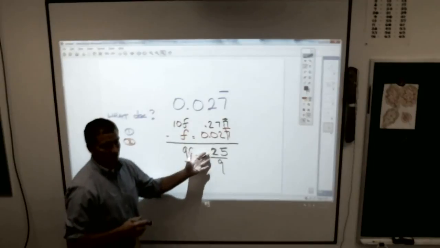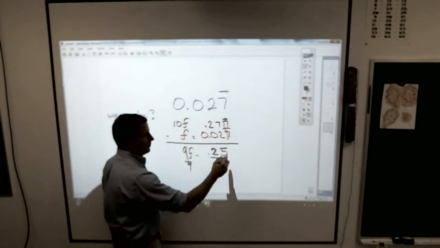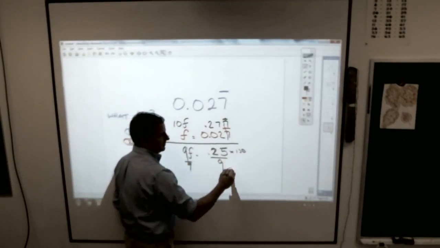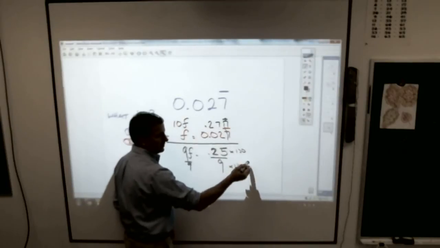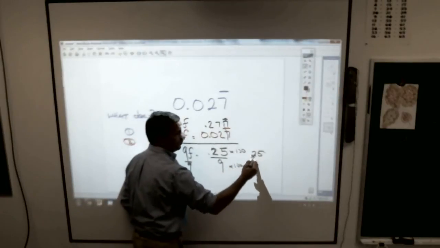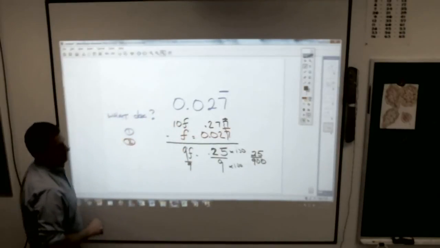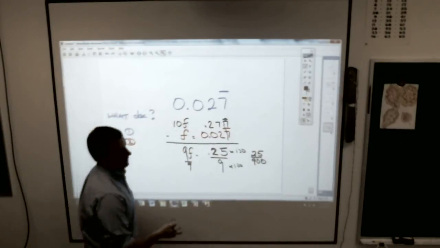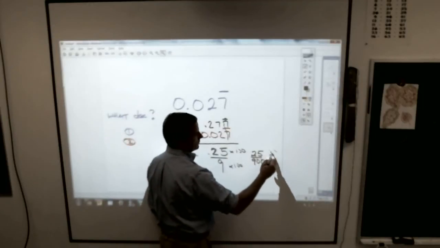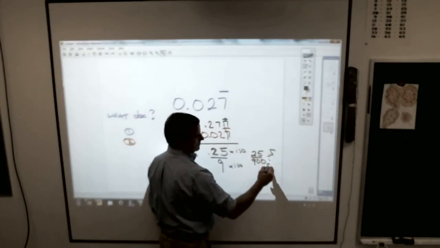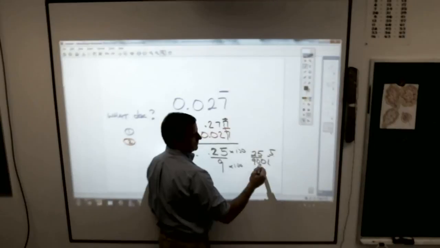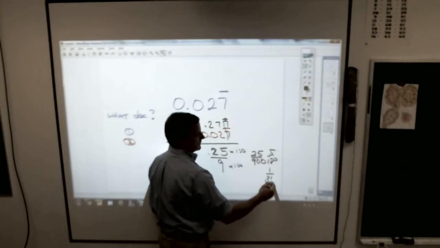To get rid of the decimal, you just move the decimal 2 places or multiply by 100. Multiply by 100 ends up being 25 over 900. And then you have to do the reducing thing. Divide 5 into them, you get 5 over what? 180. And 5 goes into 180 36 times.